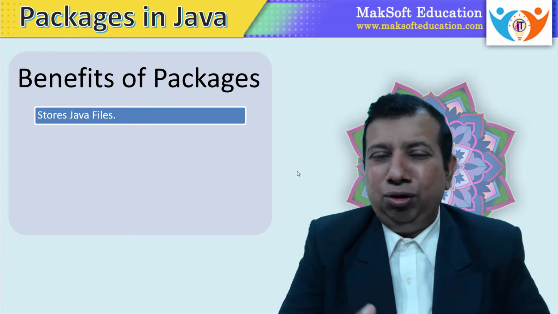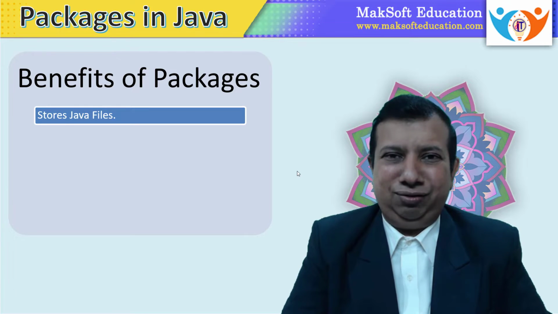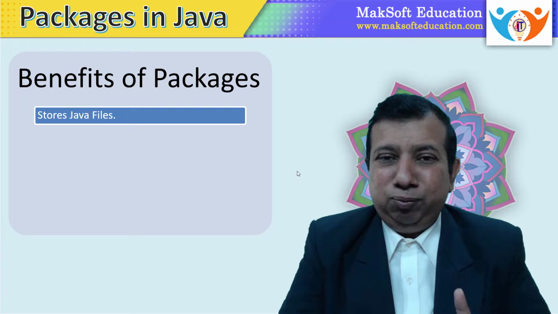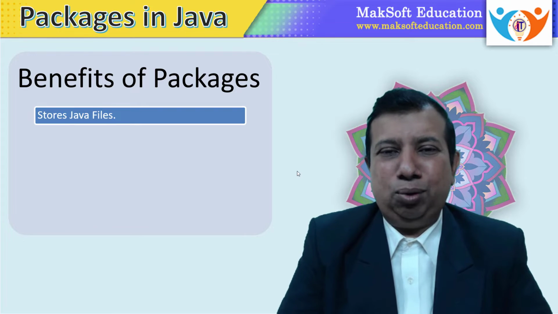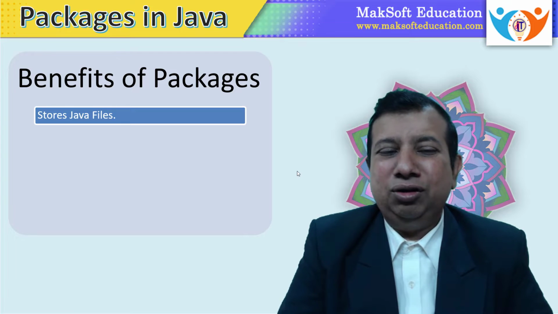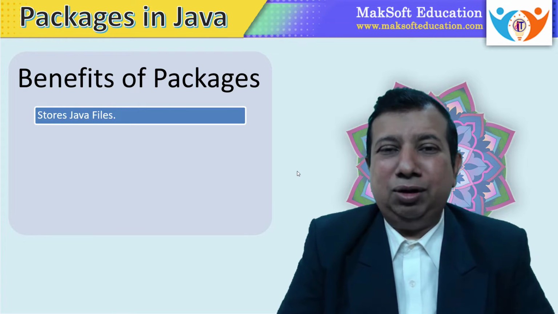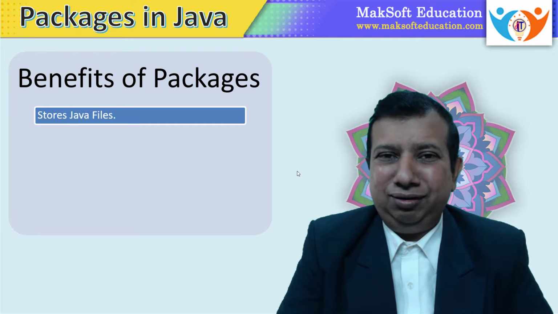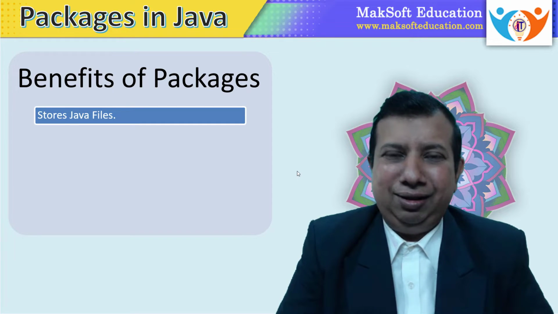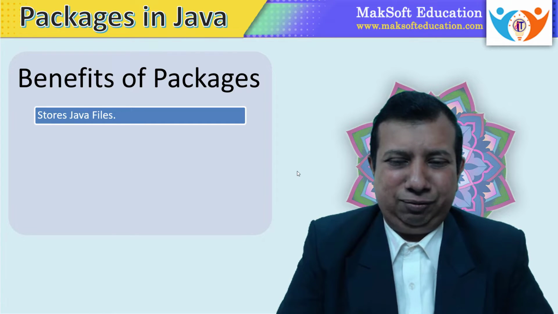We need a folder, a container in which we can hold these class files, and therefore the first and most important benefit of a package is that it holds Java files. We can also keep our .java programs inside a package, but mainly .class files are stored in packages.